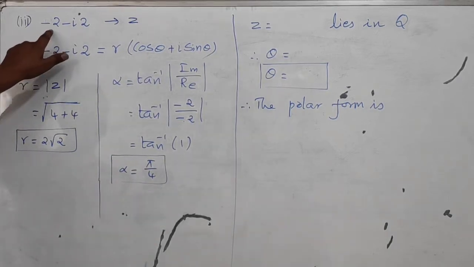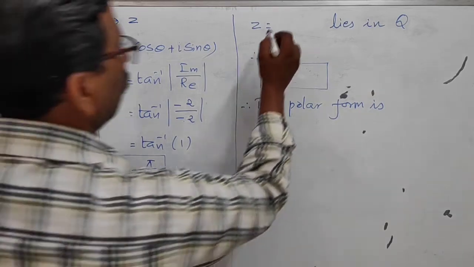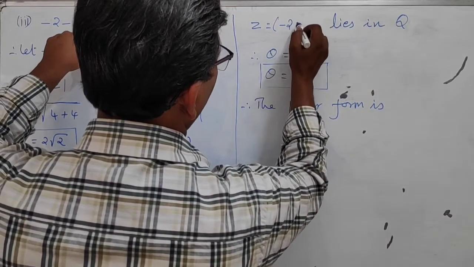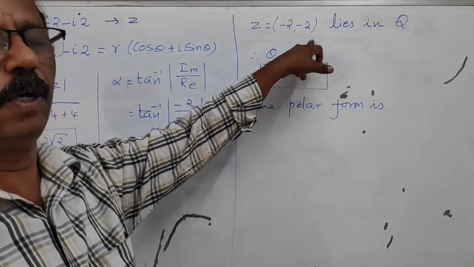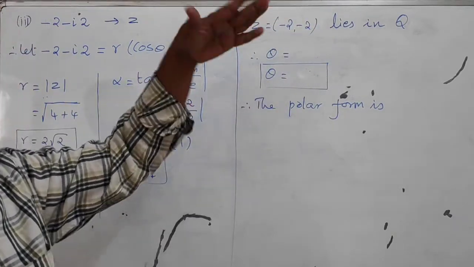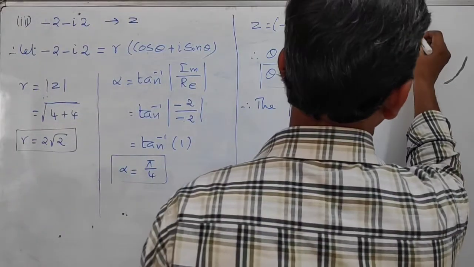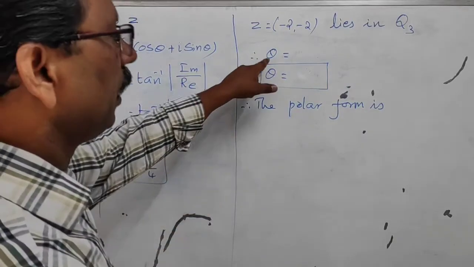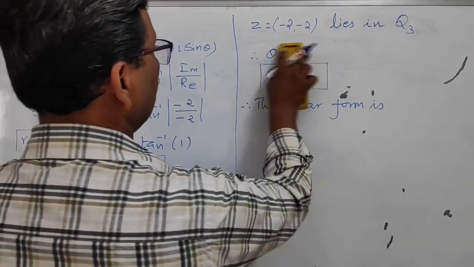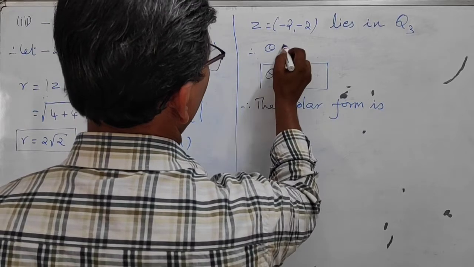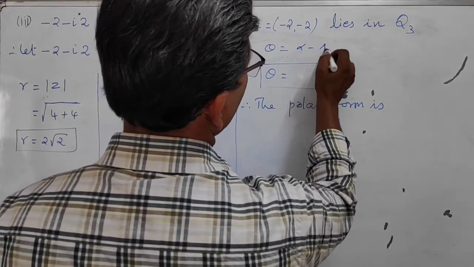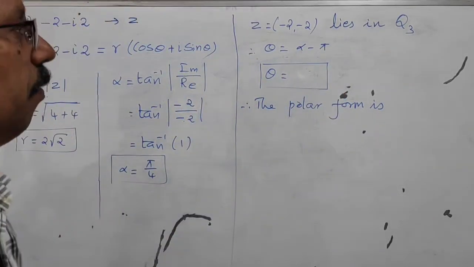Now, look at this one. Z equals (minus 2, minus 2). Both are negative. X is negative, y is also negative, which means the z value lies in the third quadrant. If it lies in quadrant 3, we can write theta is equal to alpha minus pi.